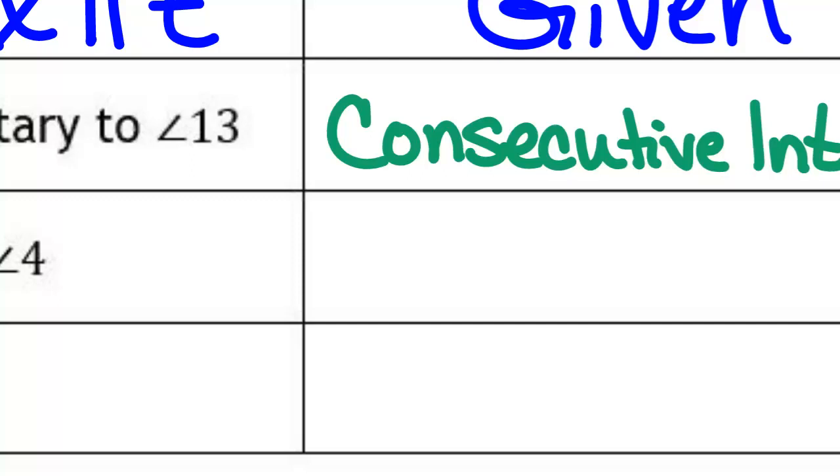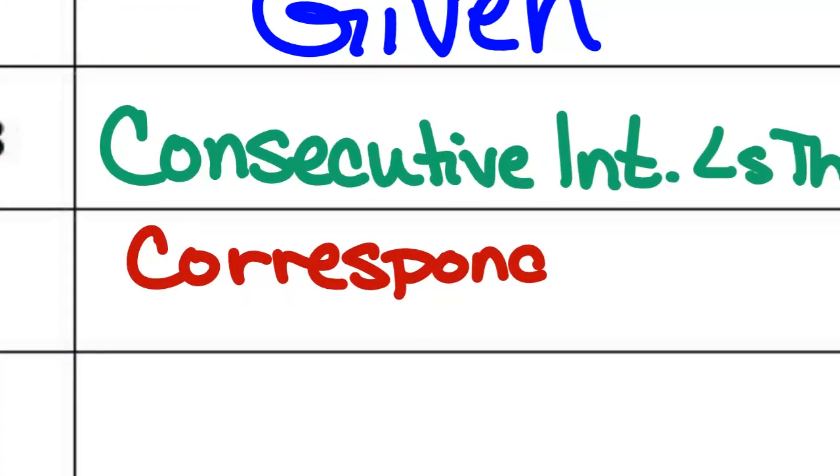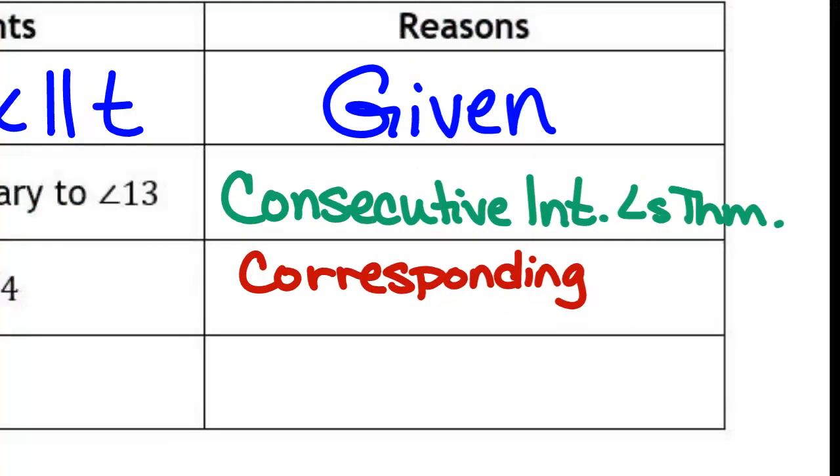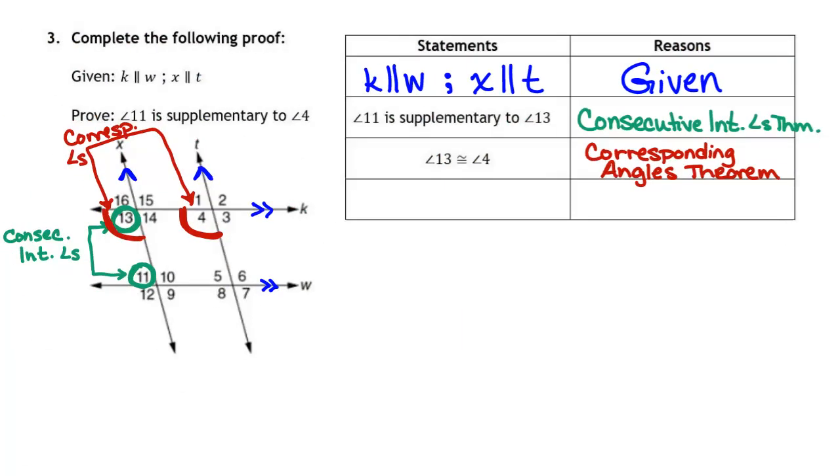They are congruent by my corresponding angles theorem. All right, that's nice. So I know that 11 and 13 are supplementary. I know that 13 and 4 are congruent.